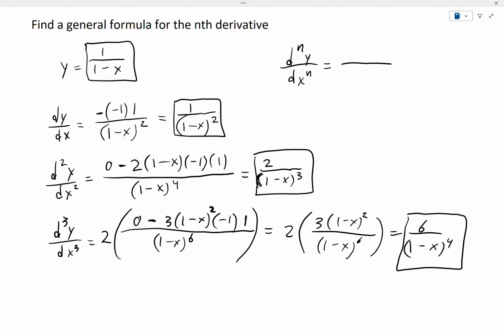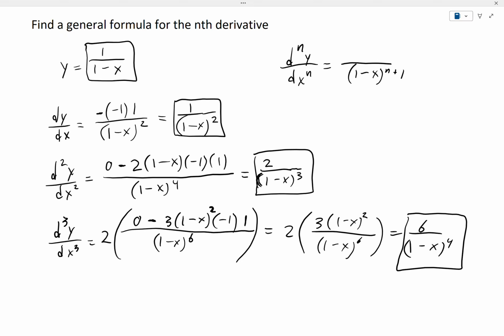It's going to be (1 minus x) all to the power of n plus 1. Because as you can see for the second derivative, for example, it's to the 3rd power. But for the third derivative, it is to the 4th power. So it's always 1 bigger than whatever n is. So that's why I said to the n plus 1 power.